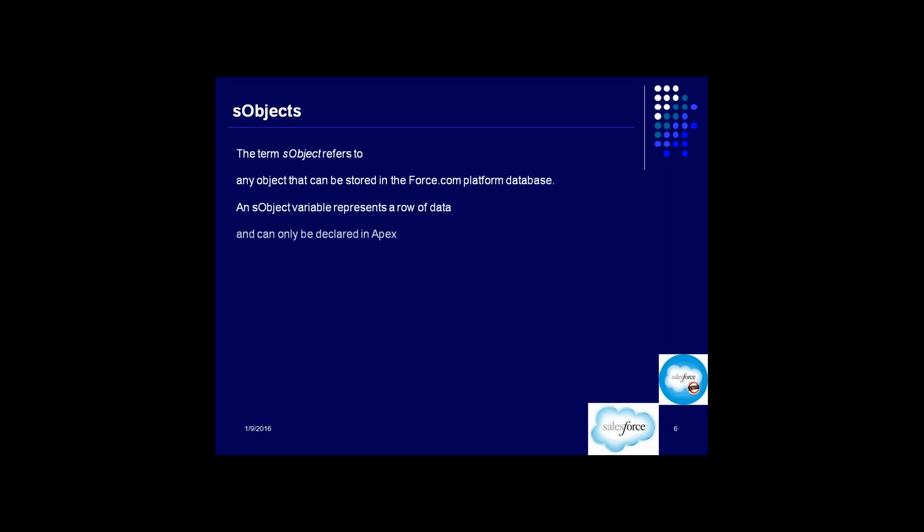So whichever object record you want to put in your variable, the data type should be the name of the object. That's it. The Salesforce objects are also data types. The term sObject refers to any object that can be stored in the Force.com platform database. An sObject variable represents a row of data and can only be declared in Apex. So this sObject variable represents a complete row of data.